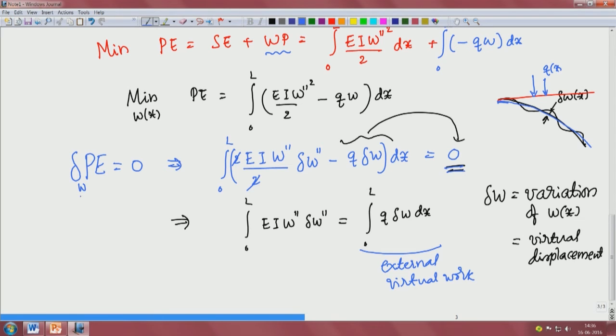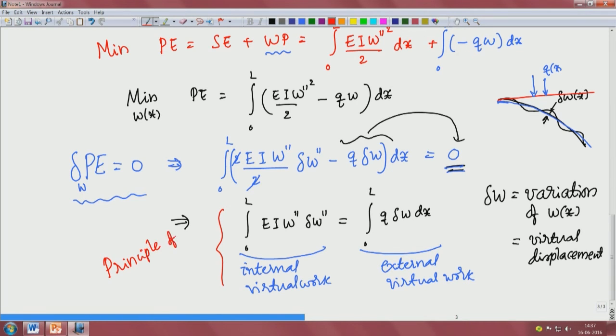That is exactly what our variation of potential energy with respect to W says. So, this is external work, and this portion is actually internal virtual work.